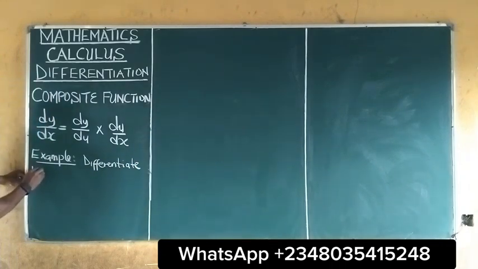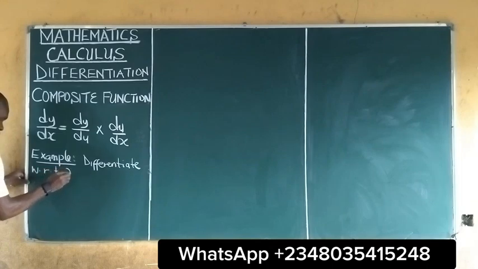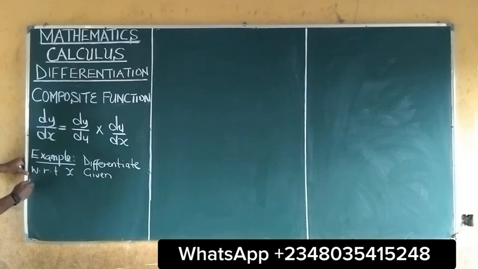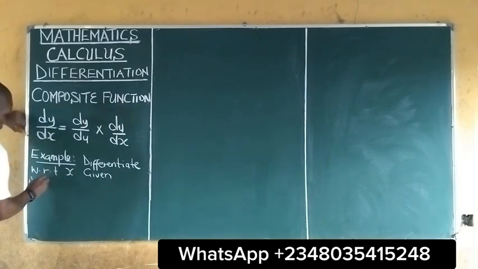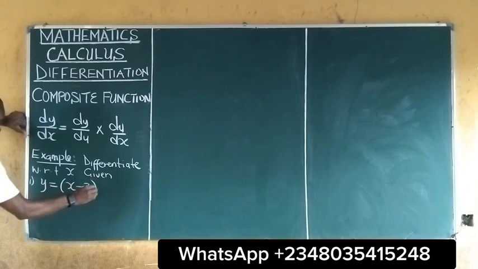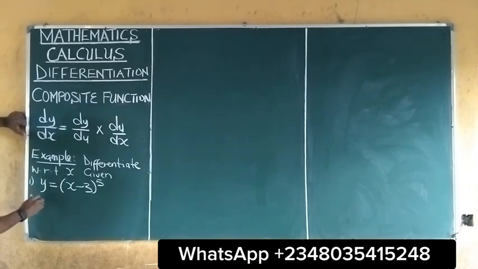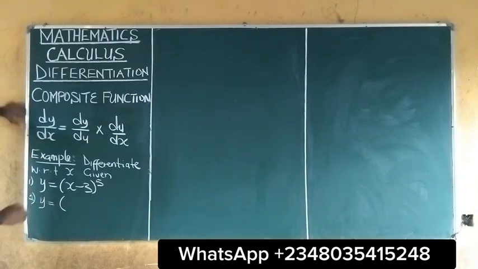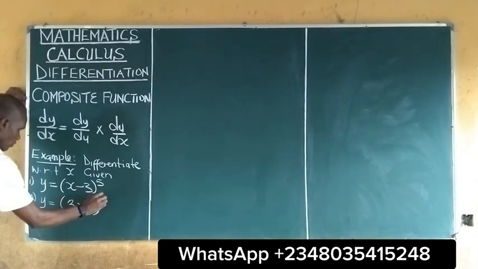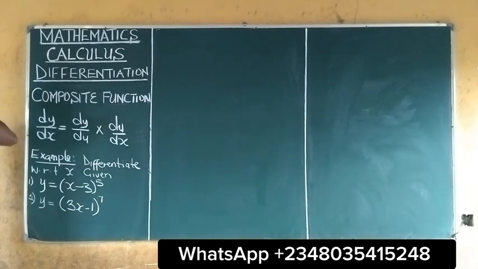Differentiate with respect to x given: 1. y is equal to (x minus 3) raised to the power of 5. 2. y is equal to (3x minus 1) raised to the power of 7.